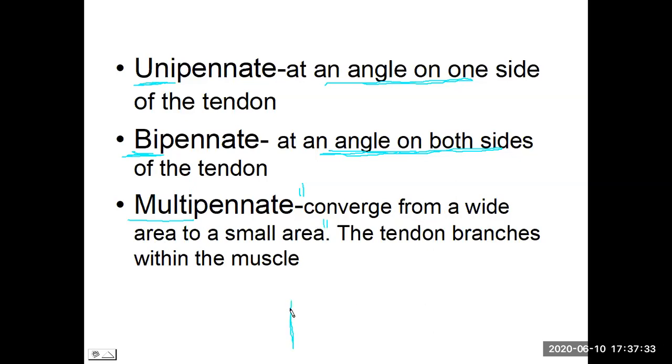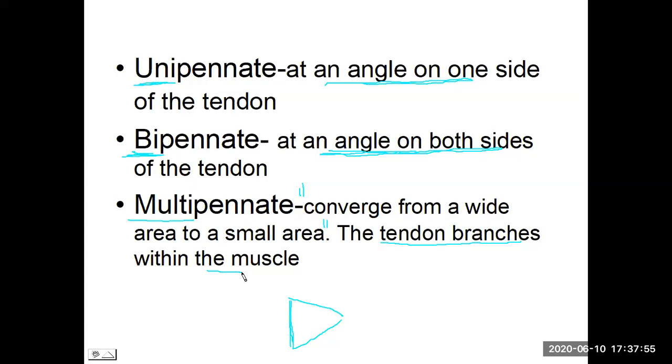There's a broader base and it tapers down to a smaller area. The distinction now is in multipennate muscle, the tendon is not simply located on each end of the muscle. The tendon actually branches right through the center of the muscle itself.